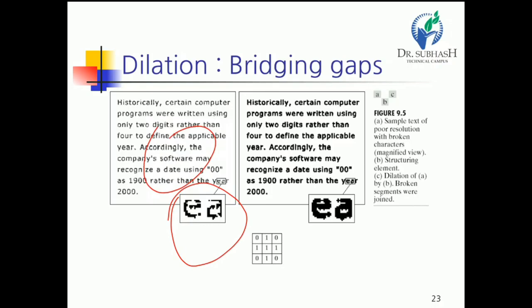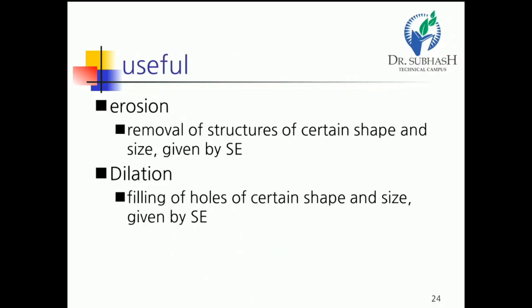Now this is the given structuring element, and the dilation of A can be represented by this figure, with the broken segments joined. So this is the most useful part: what erosion and dilation are.